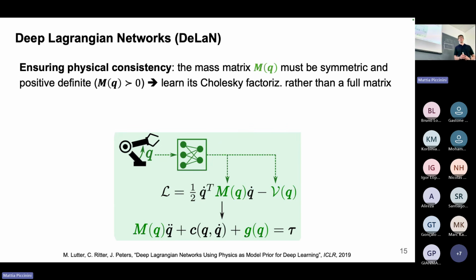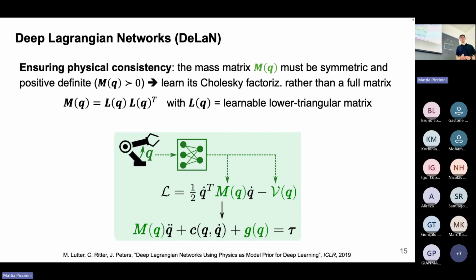So what they propose is, okay, let's consider these things, and instead of a full matrix, we learn its Cholesky factorization. Simply means we learn another matrix, which is L here, and L is simply a lower triangular matrix, so full of zeros in the upper right block.